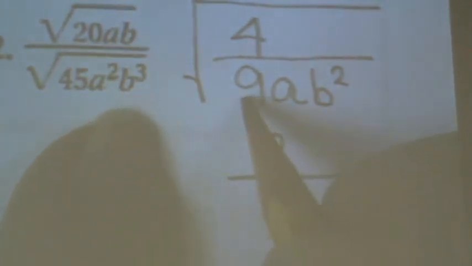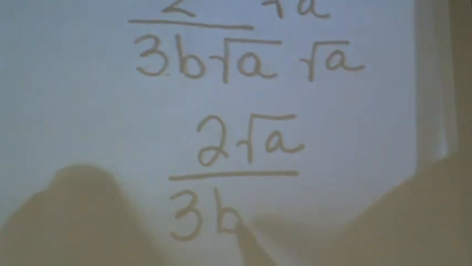The square root of 9 is 3, and the square root of b squared is b. But I don't know what the square root of a is. So for this one, you're going to have to rationalize the bottom by multiplying by the square root of a. The answer would be 2 root a over 3ab. The rest is homework.